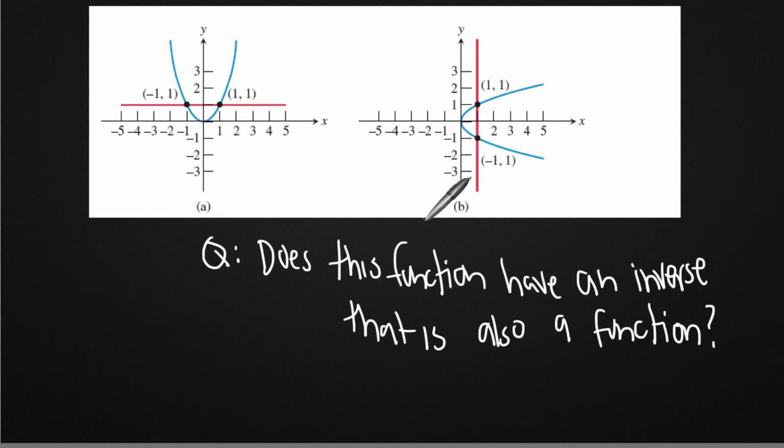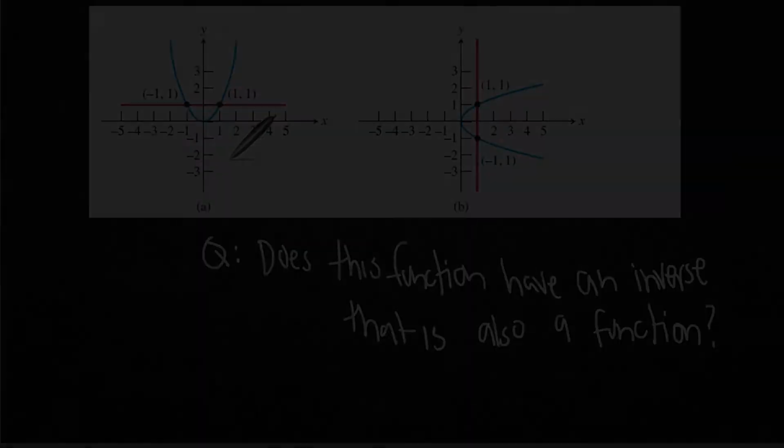All right? So in this case, it would not have an inverse that would be a function, because even though it passes the vertical line test, which classifies it as a function, its inverse would not be a function because it does not pass the horizontal line test. Okay, let's look at a few examples.